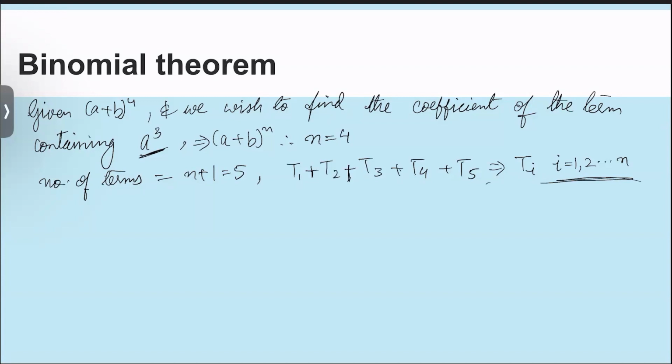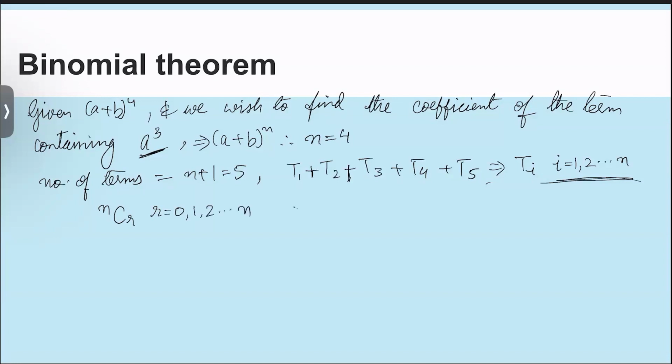So we want to find the coefficient of the term which has a cube. But how do we get the a cube? What is the relation? We know that all the coefficients are in the form of nCr, where n remains and r starts from 0, 1, 2, all the way up to n.